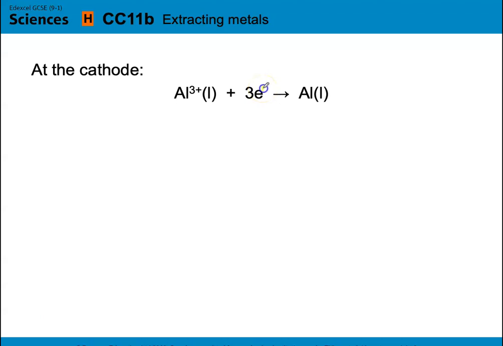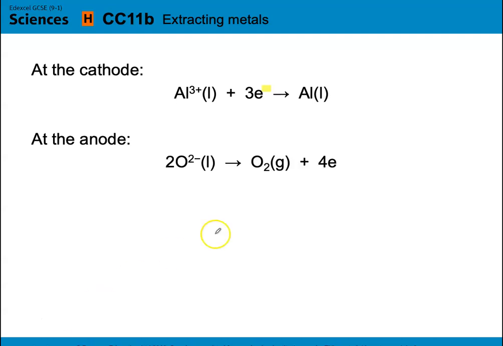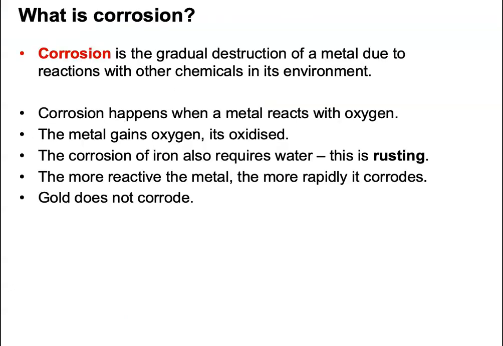There's no harm in putting a negative sign on top of the aluminium. And at the anode, remember it's O2, therefore you need 2 O2-, and there are 4 electrons produced on the right. So here can you see gain of electrons, that's reduction, loss of electrons, oxidation. And also oxygen is formed, a good sign of oxidation.